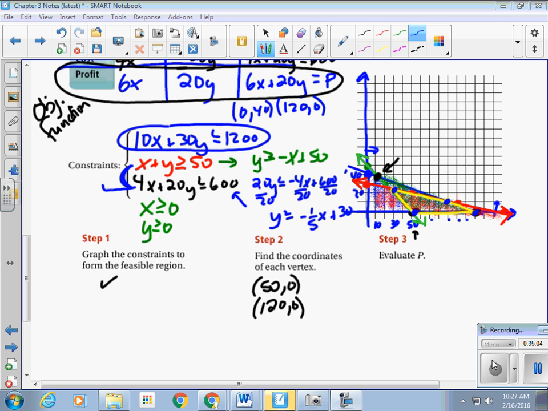So blue, this is where blue and, so we're going to have to find where our first constraint and our third constraint intersect and where our second one and our third one intersect. So let's get some work.